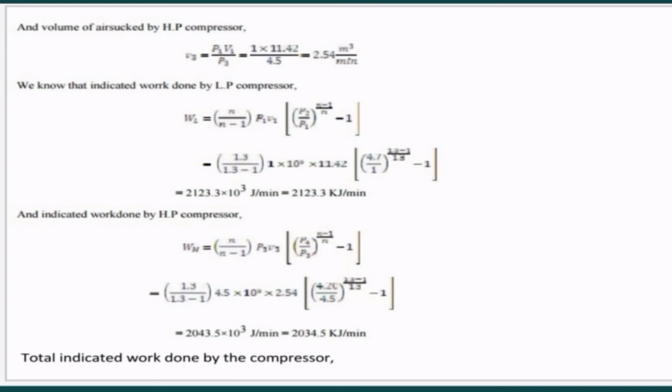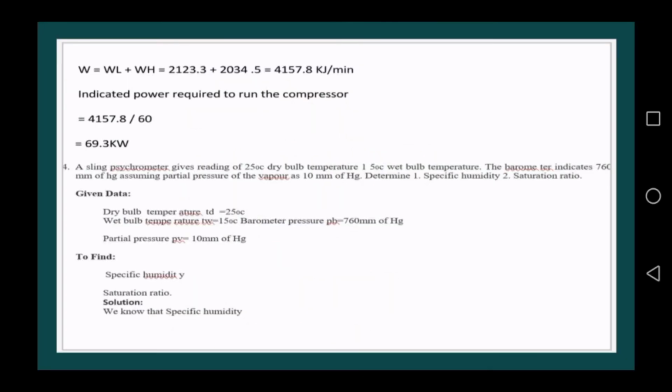WH is equal to 2043.5 times 10 raised to 3 joule per minute, or 2034.5 kilojoule per minute.